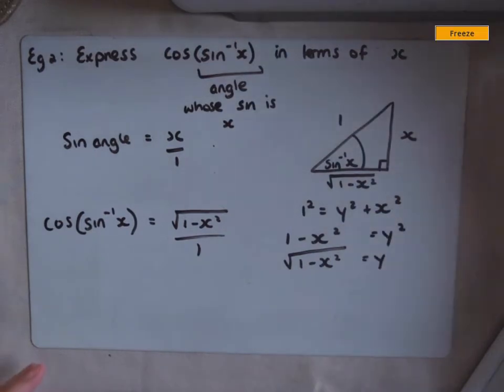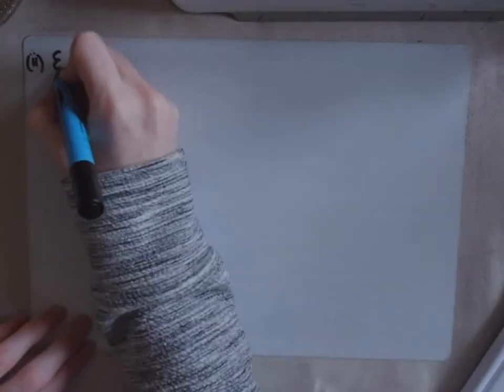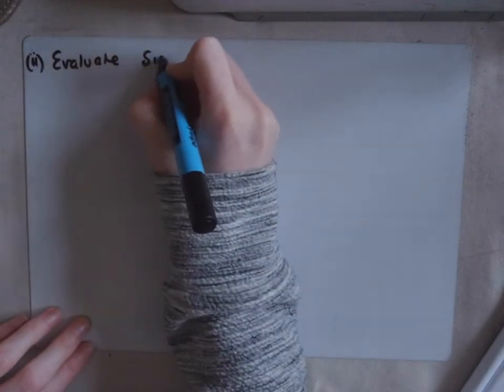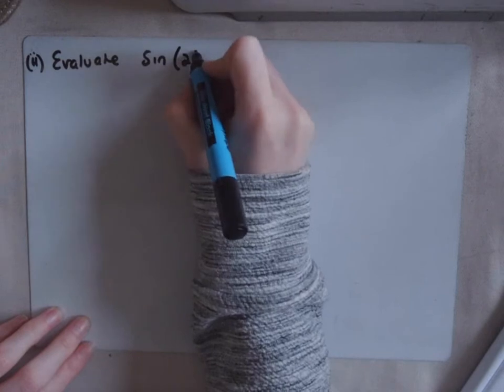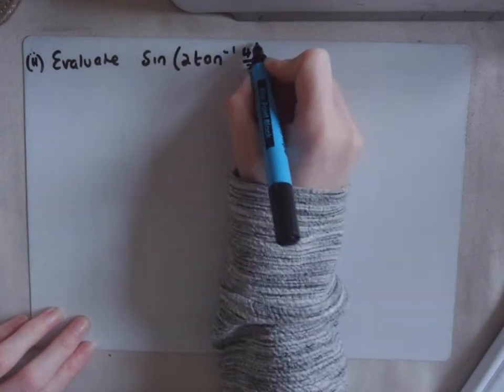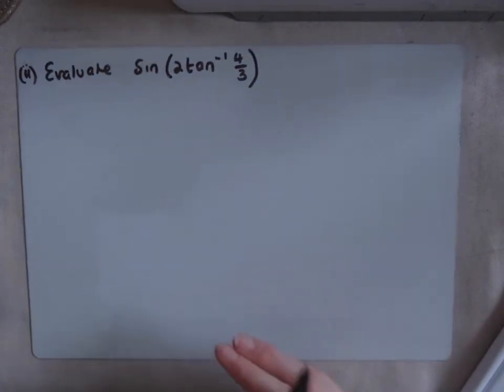So part 2 of that. Evaluate sine of 2 times this angle. Okay? We've a double angle.